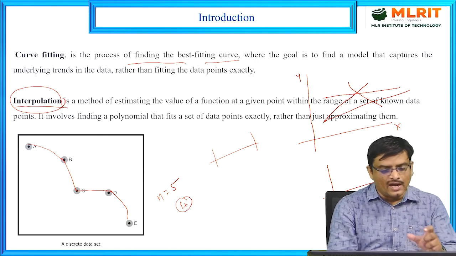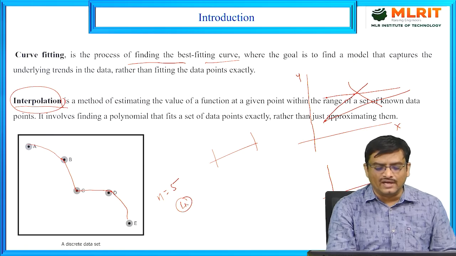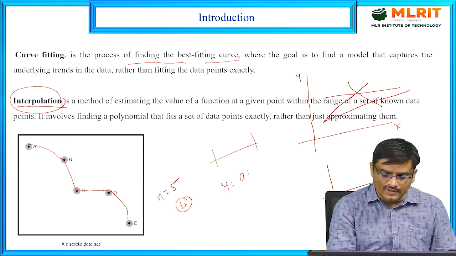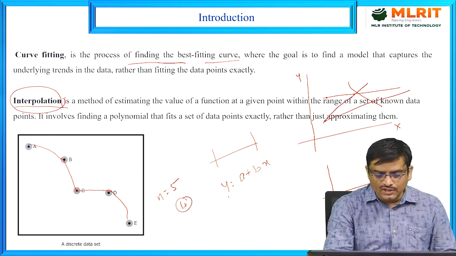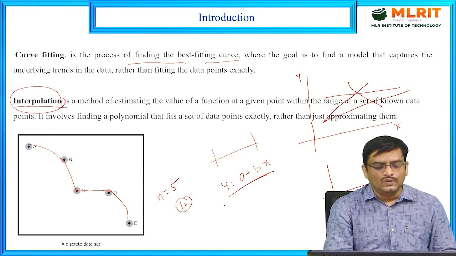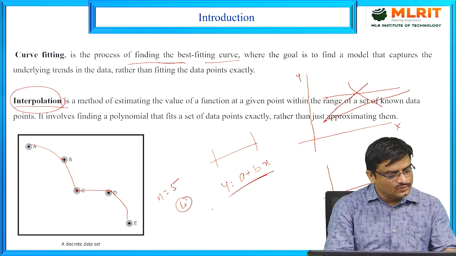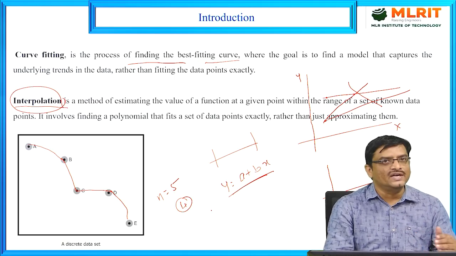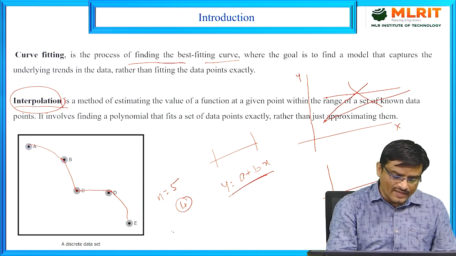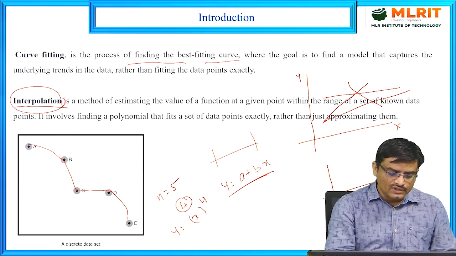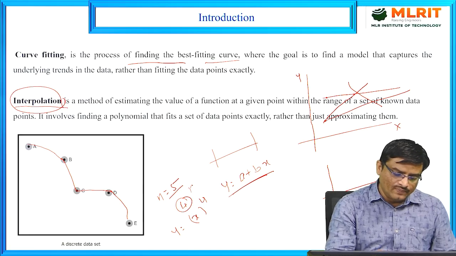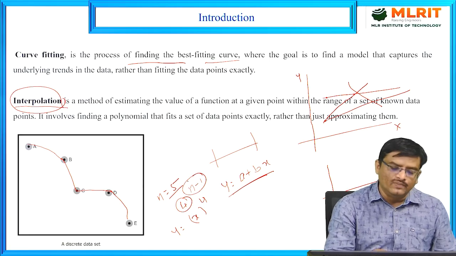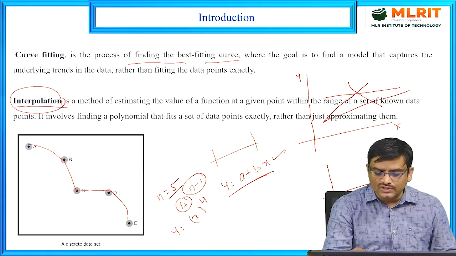Suppose I want to get a linear straight line of the form y is equal to a plus bx. Then by using the interpolation concept for the given data, it is not possible to get the straight line. If you find out the polynomial by using the different methods, you will get a relation y in terms of x of degree 4, because whenever we are having 5 observations in the interpolation concept, we will get a polynomial of degree n minus 1, but it is not equal to this form.